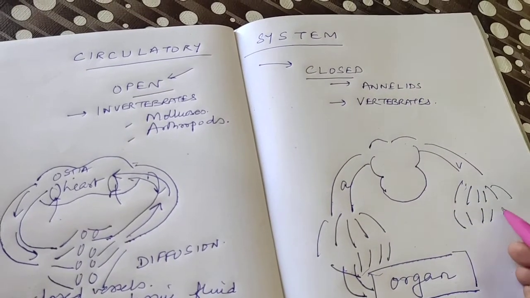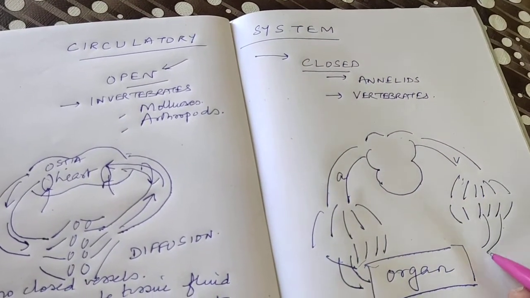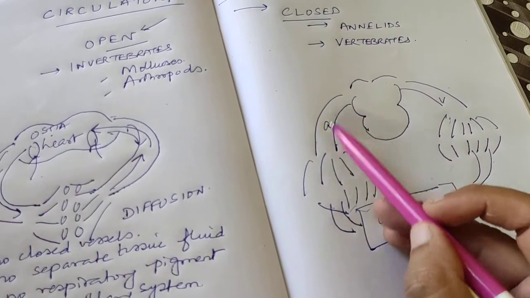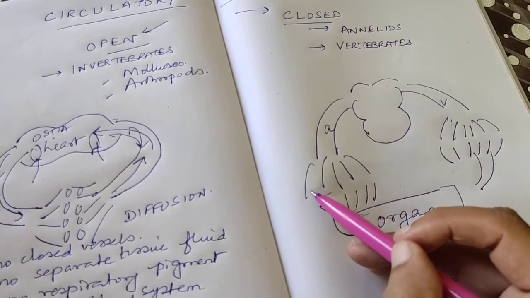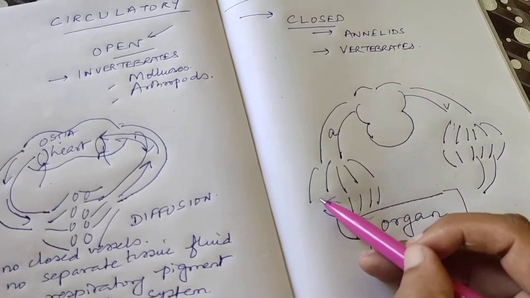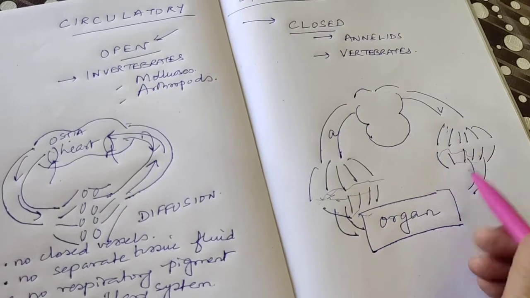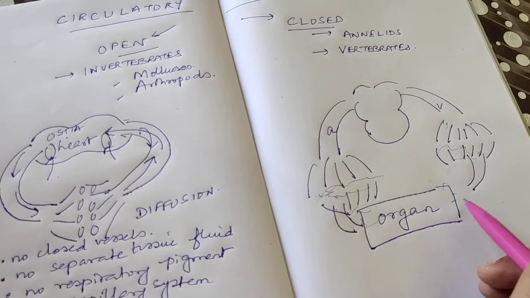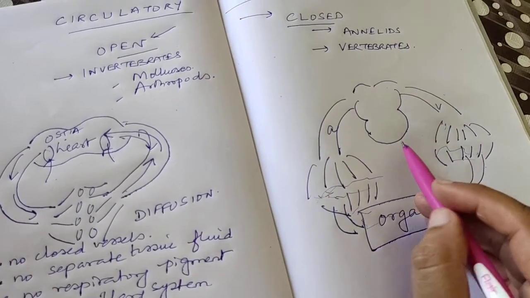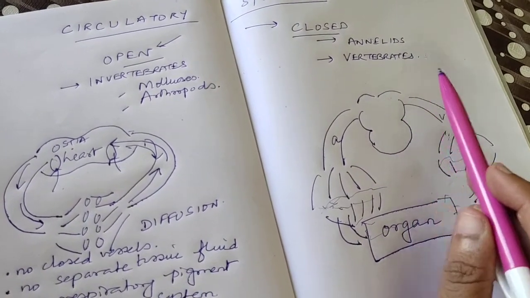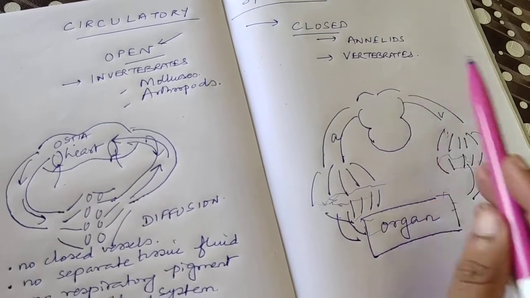So a capillary system is in place and passage is through closed networks of arteries and veins, passing into a network of capillaries where the gaseous exchange and the nutrient exchange occurs at the organ levels. So this is how it occurs in vertebrates, in mammals, also in annelids.